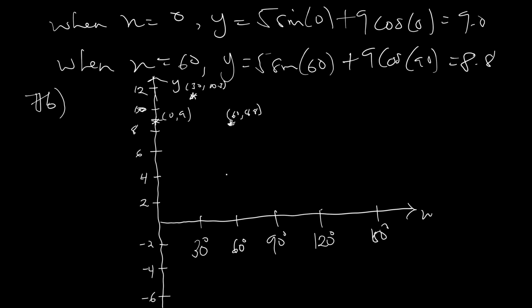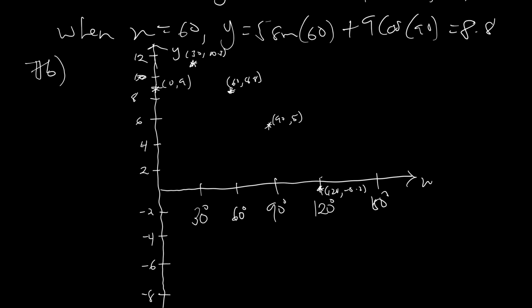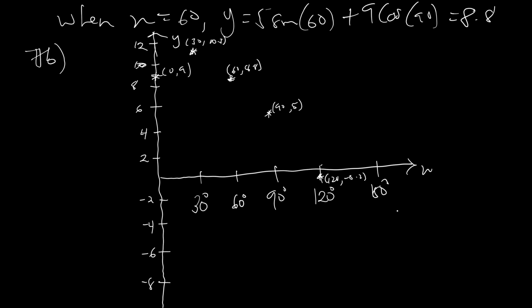When x is 90, y is 5, so 90, 5 will be here. When x is 120, y is negative 0.2, so negative 0.2 will be here. And finally, when x is 150, y will be negative 5.3, so 150, negative 5.3 will be here.